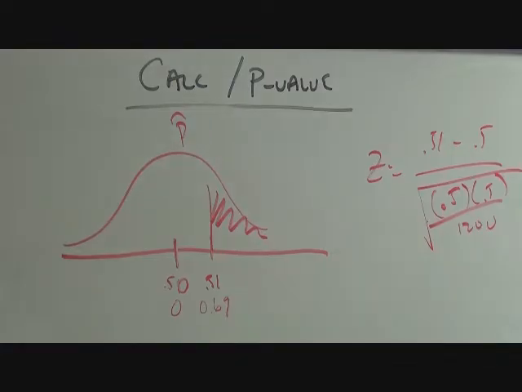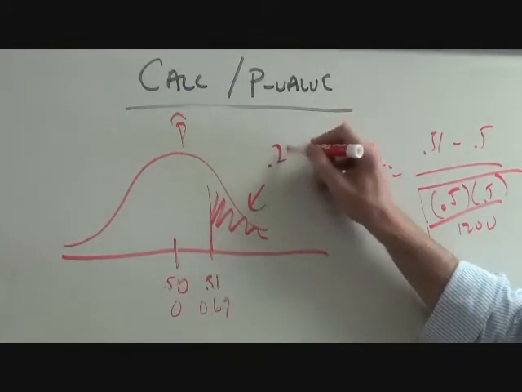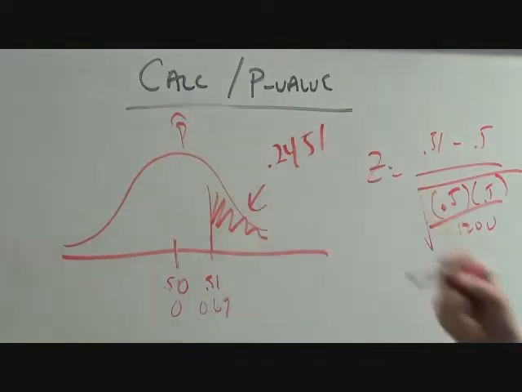What do we got? 0.757. Ooh. 0.24. All right, we got subtracted, right? 0.2451.